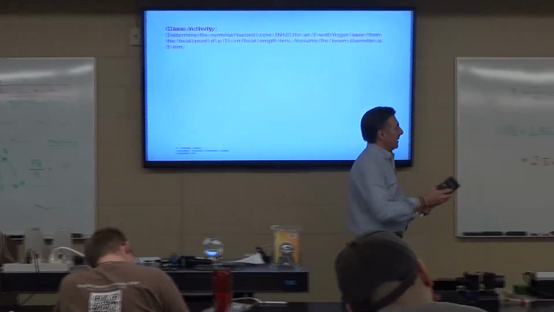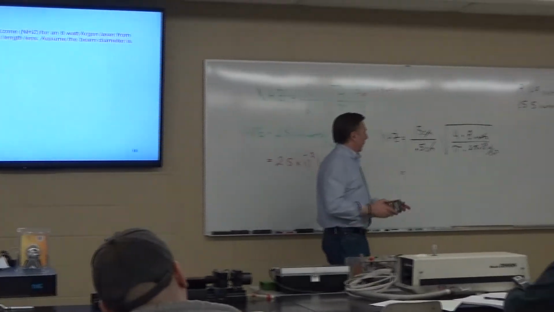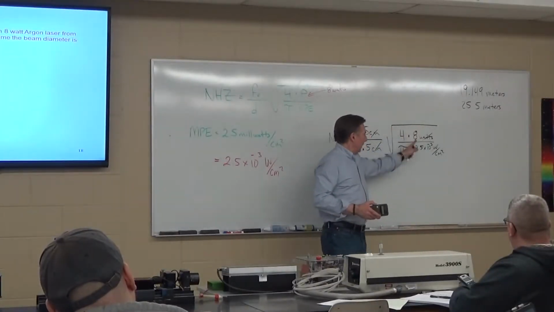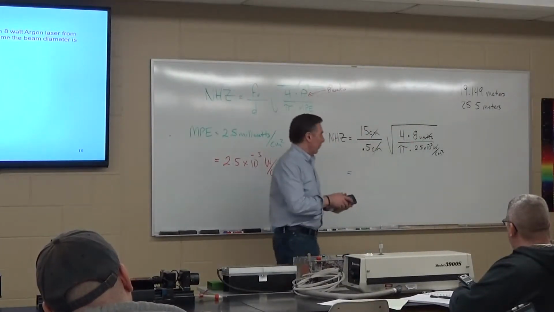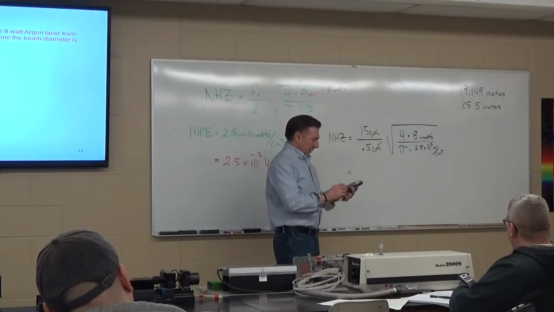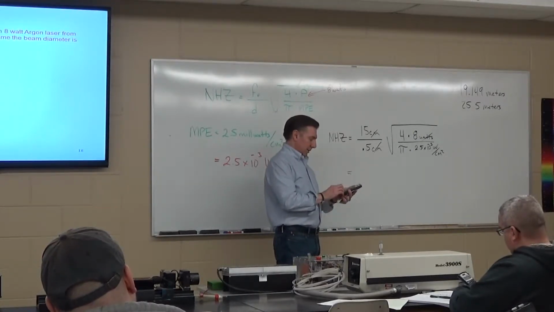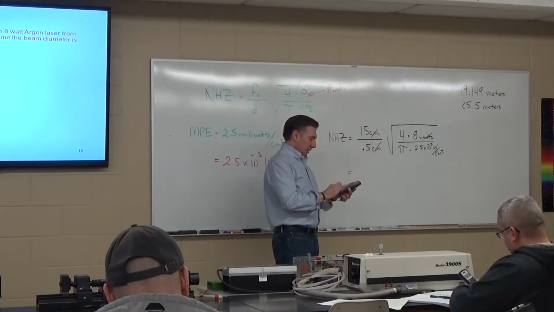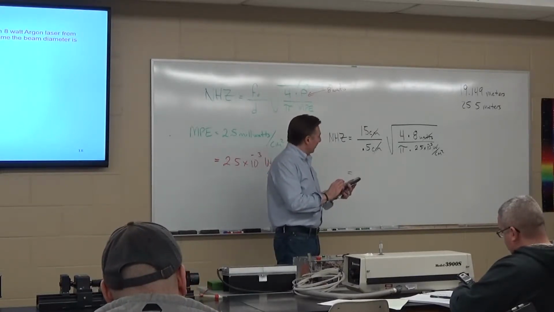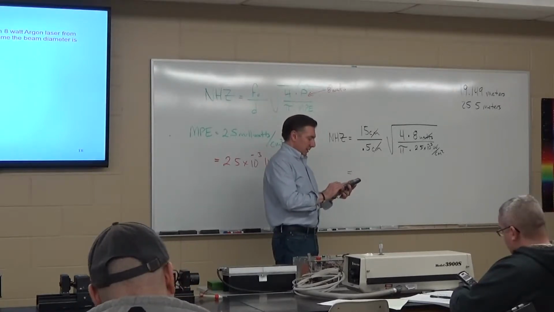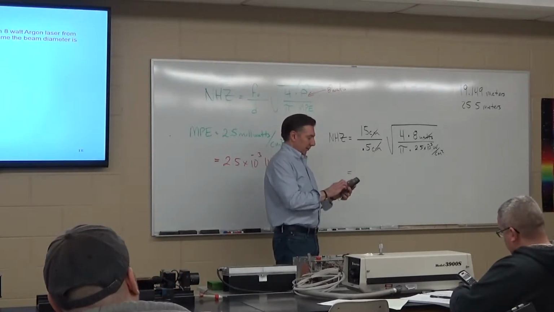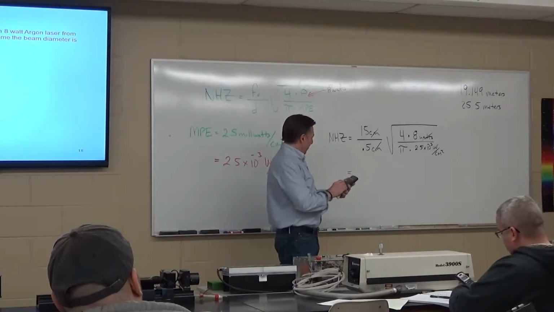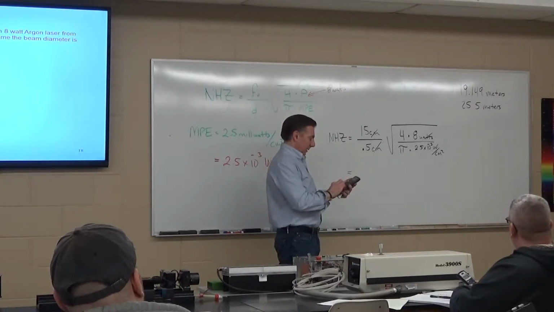Okay, so I always do everything under the radical first, and then multiply it times whatever's on the outside, order of operations. So I have 4 times 8, which is 32, divided by pi, divided by 2.5 times 10 to the minus third, and I take the square root, times 15, divided by 0.5, equals that.